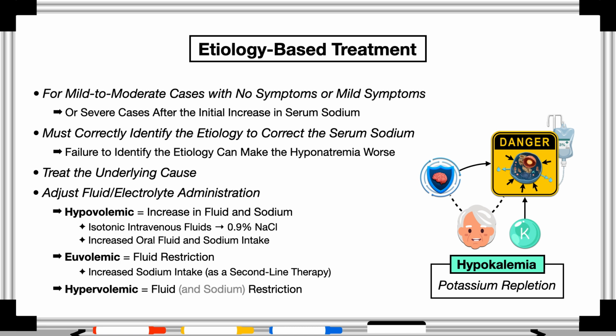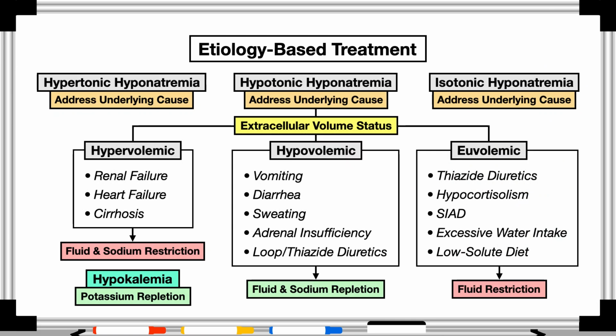For patients with severe symptomatic hyponatremia who also have hypokalemia, special attention must be paid to the sodium correction rate, as potassium repletion may lead to a faster increase in serum sodium than is expected for the amount of hypertonic sodium chloride administered.